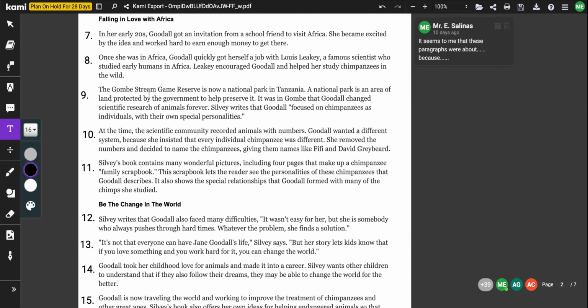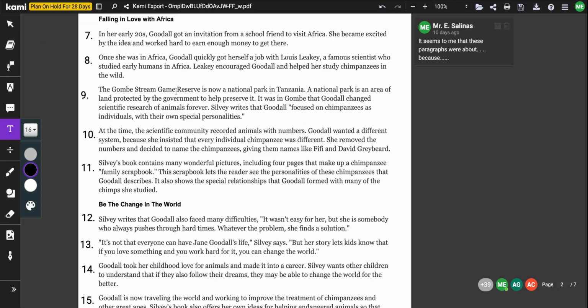The Gombe Stream Game Reserve is now a national park in Tanzania. A national park is an area of land protected by the government to help preserve it. It was incumbent that Goodall change the scientific research of animals forever. Civil rights of Goodall focus on chimpanzees as individuals with their own personalities. Even paragraph 8 is a good one.